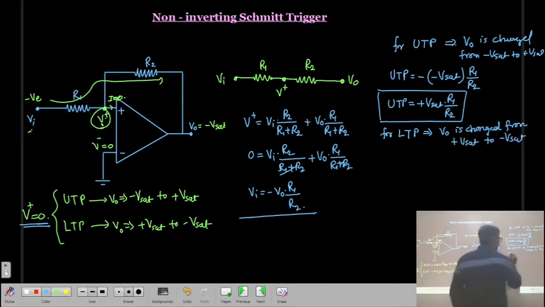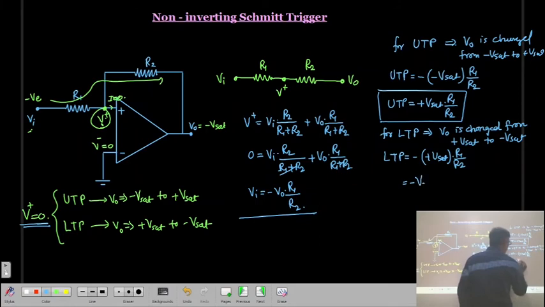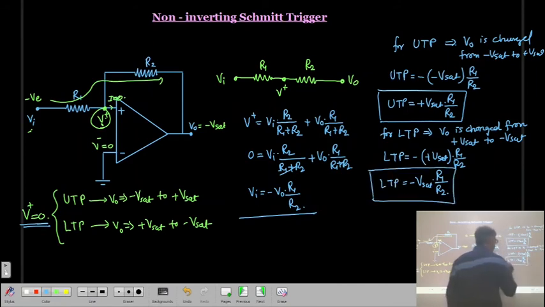So I can write that the LTP is equal to minus into plus V saturation into R1 by R2. So this is equal to minus V saturation into R1 by R2. This is my LTP. Correct?